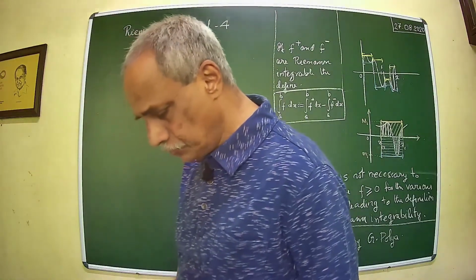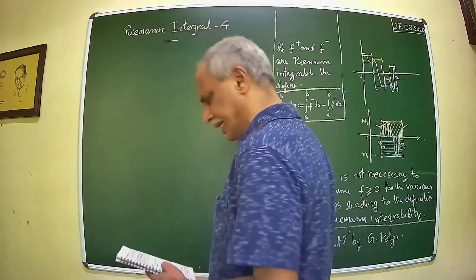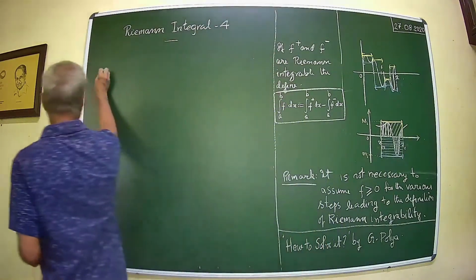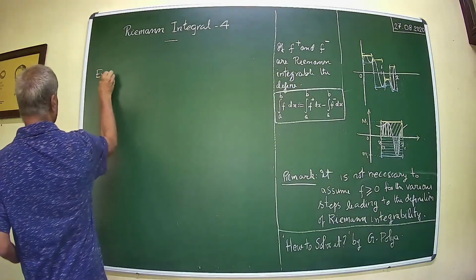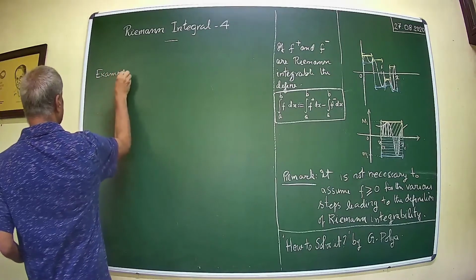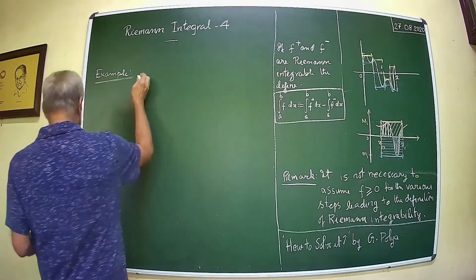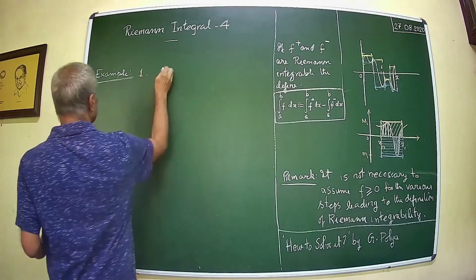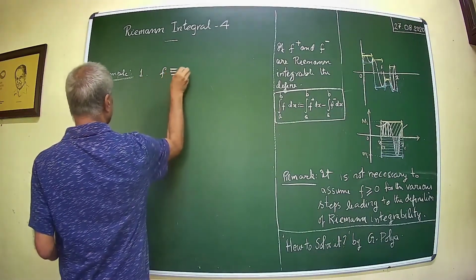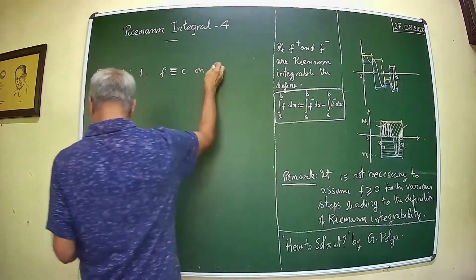Now let us look at a few examples, maybe just to quickly recall this, and maybe you do it also. This is the first example that we have looked at. f is identically equal to c on [a, b].